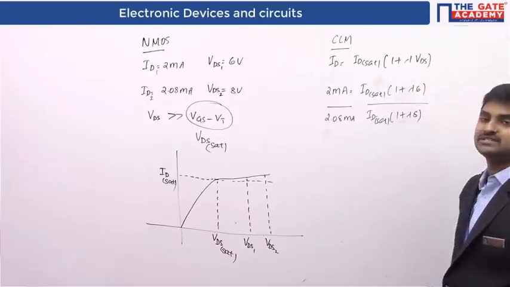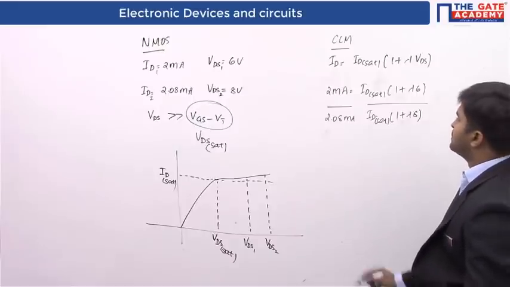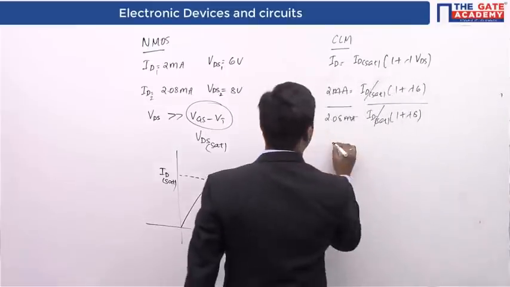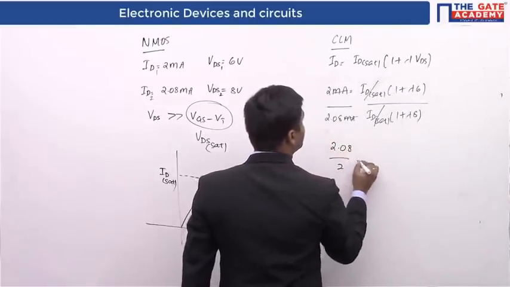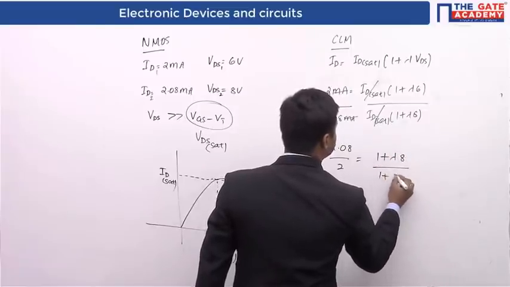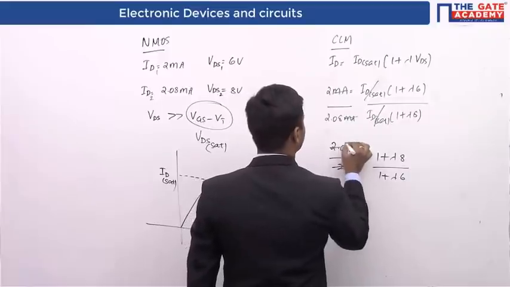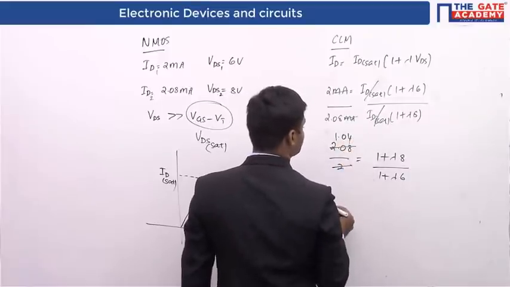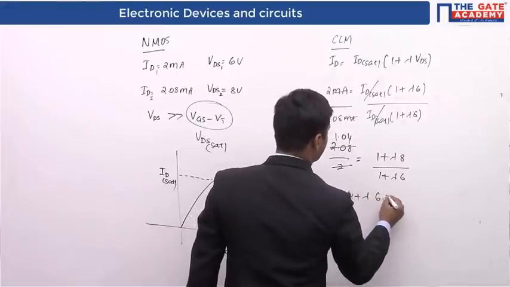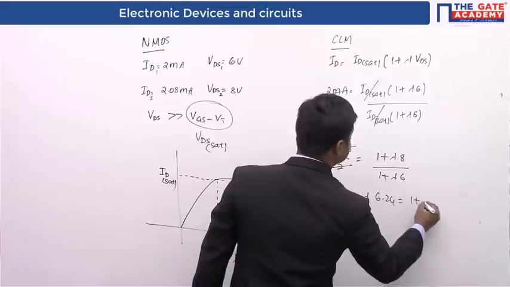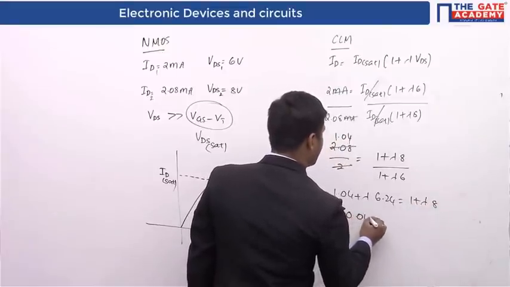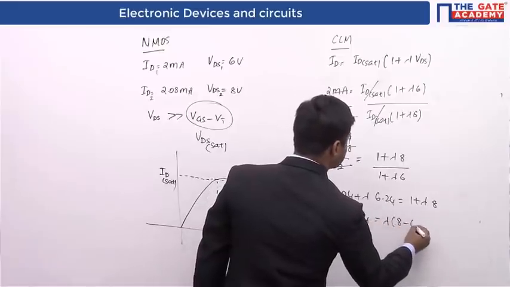ID sat gets cancelled out. You will have 2.08 divided by 2, which is 1.04, equal to 1 plus lambda 8 divided by 1 plus lambda 6. So 1.04 plus lambda into 6.24 is equal to 1 plus lambda 8. So 0.04 is lambda into 8 minus 6.24.